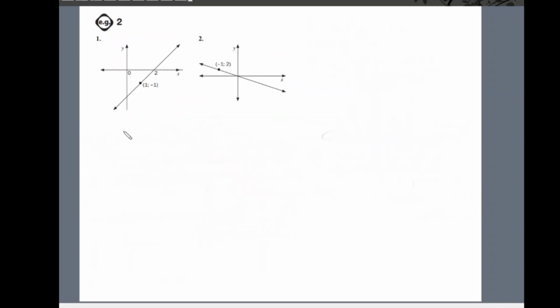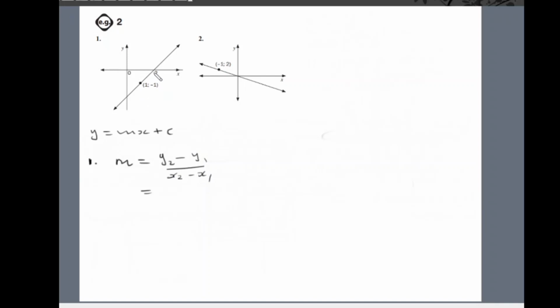So we are given the graphs, these 2 straight lines. We want to determine the equation of this graph, right, in the form y = mx + c, right? So for question 1, I have to calculate the gradient by saying y2 minus y1 divided by x2 minus x1, right?